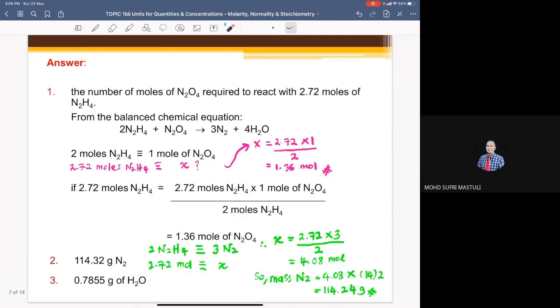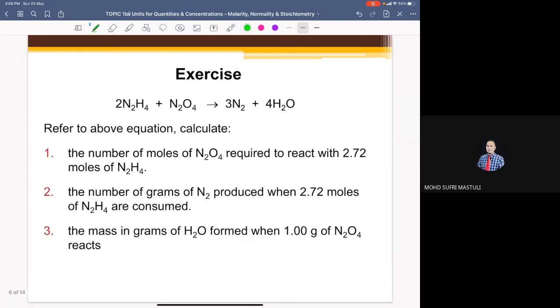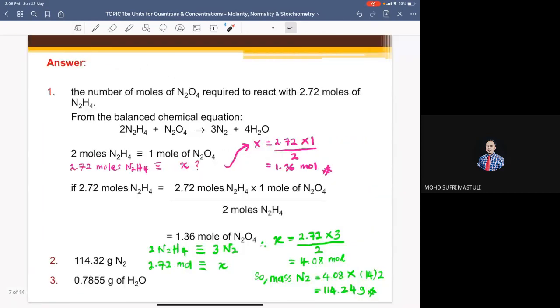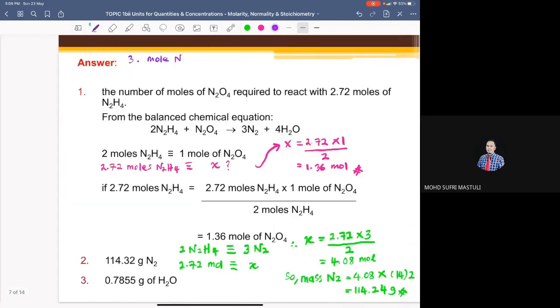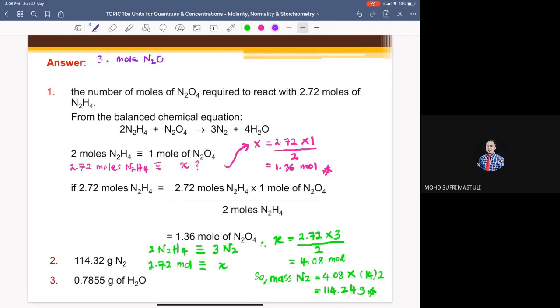So we have to calculate the number of moles, it's not enough space, so I write it here. So moles of N2O4.